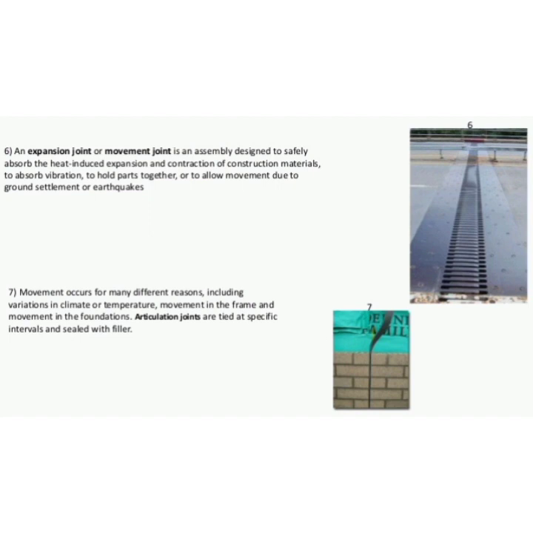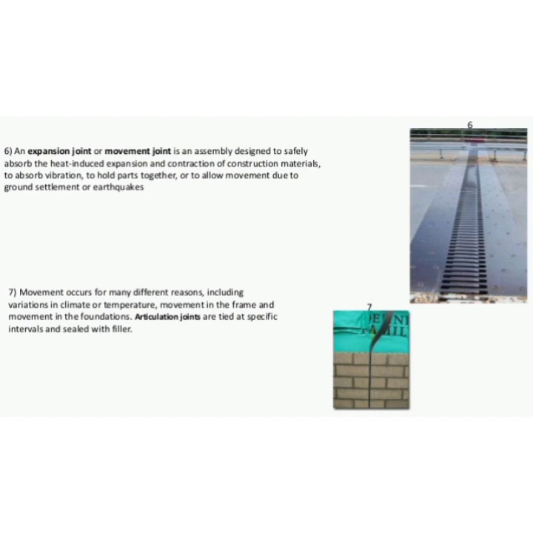An expansion joint or movement joint is an assembly designed to safely absorb the heat-induced expansion and contraction of construction materials, and to absorb vibration, to hold parts together or to allow movement due to ground settlement and earthquakes.